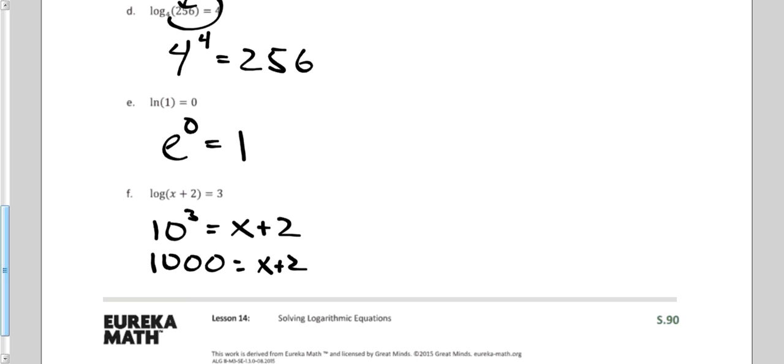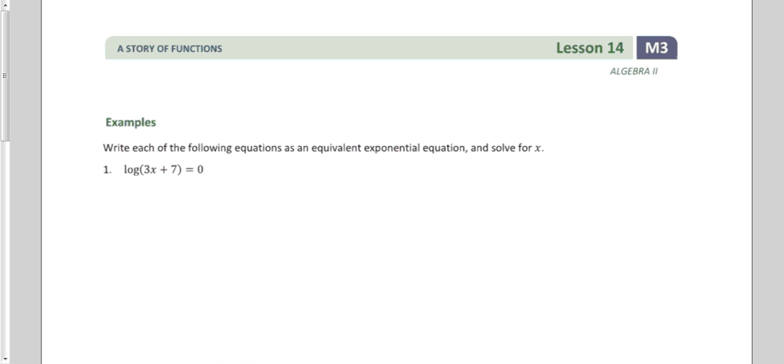And then she went one step further and subtracted 2 from each side. And then we said x equals 998. So Kaya even went this step and solved for x. So we would call that going above and beyond, right? Good on you. Okay.